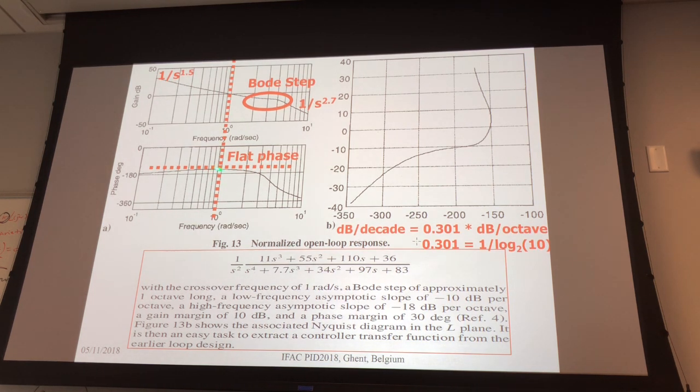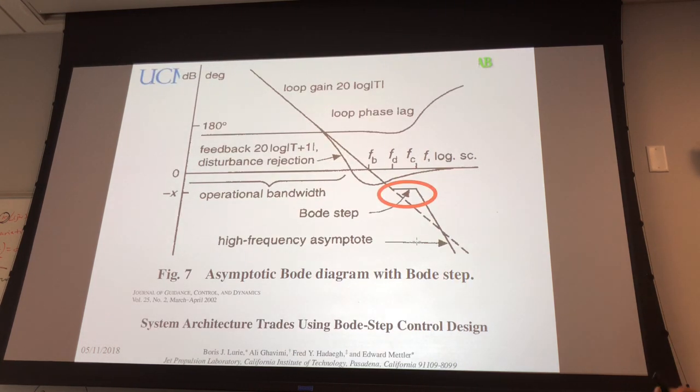So this is the phase. You can see this is the phase margin. Can you see that this phase margin and this crossover frequency is flat here? So what do we say? It means that to really achieve the flat phase, you should use a step in here.